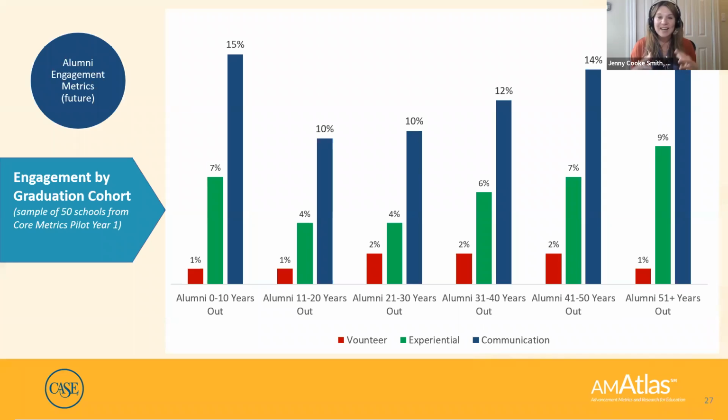So I'm really excited as we start to collect this on a wider basis to start to have some data points that can show, look, this is a marathon, not a sprint. And they absolutely are paying attention and engaging with our institutions. They just might not yet be giving.